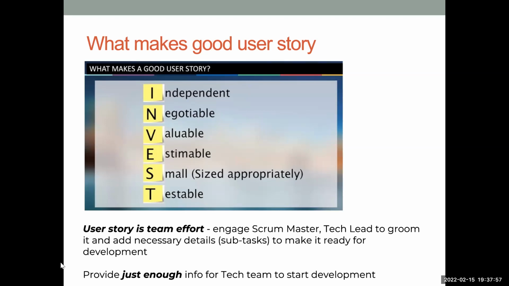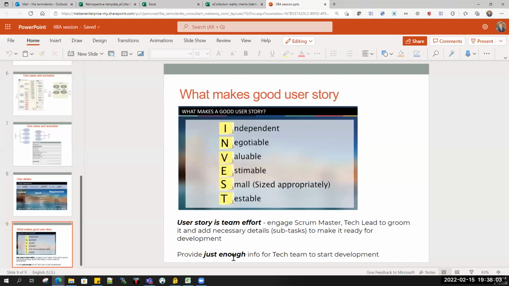Another point I wanted to call out: provide just enough information for the tech team to start development. You need to find that balance, whether to put in a lot of information or not. The rule of thumb we're using is to put just enough so that the dev team can start.